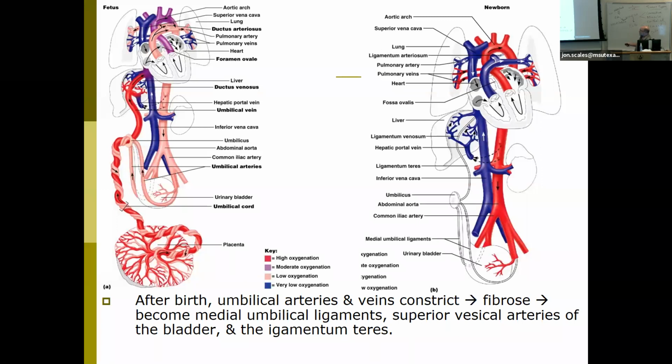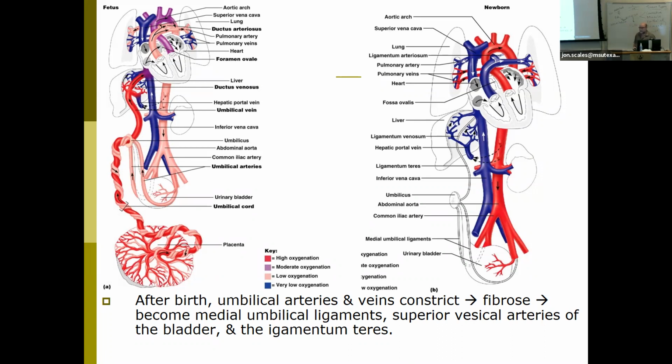So what happens to these vessels? Well, there is zero blood flow back through that umbilical vein. So it just collapses. The arteries are still getting blood flow, but it can't go anywhere. So they harden and they fibrose over a period of weeks. So these become ligaments, okay, known as the umbilical ligaments.